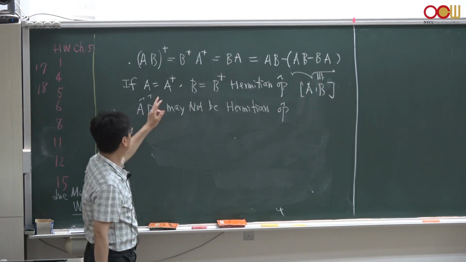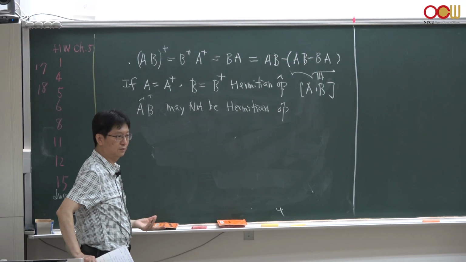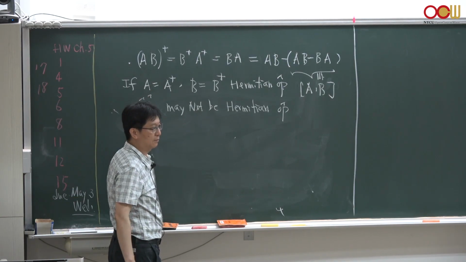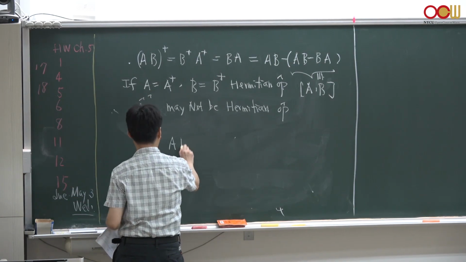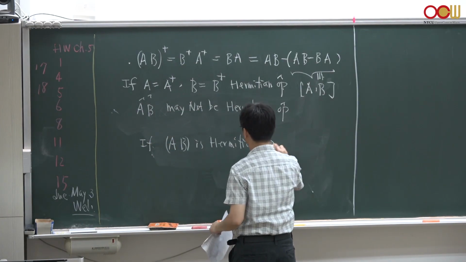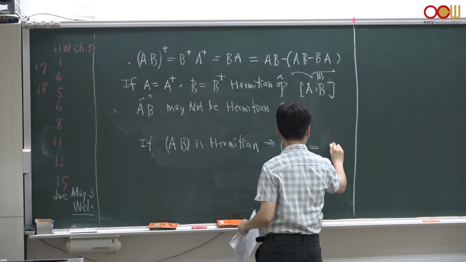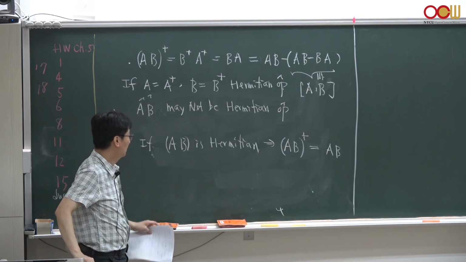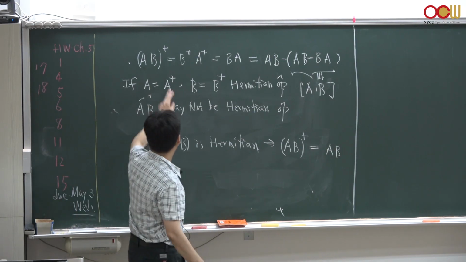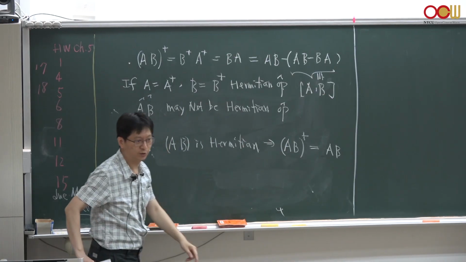But in order to show that AB as a product is Hermitian, you need to show that the dagger of AB is the same as AB. So if this product operator is Hermitian, then AB dagger will be the same as AB. But is that so? No. Because if you take the dagger of AB, you get BA, which is not AB that you wanted.